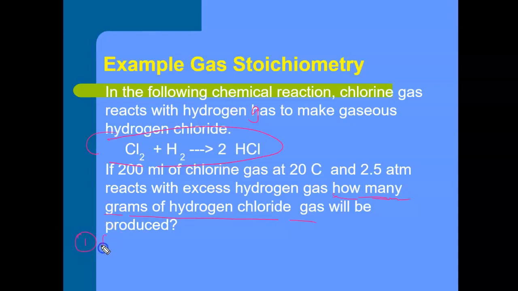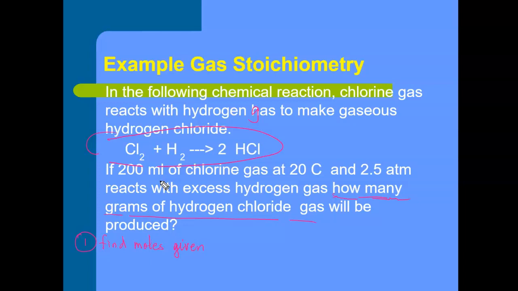Step number 1, find moles of the given. You might be going, oh good, since I was given volume, I can just divide by 22.4, except that I'm not allowed to because this is not at standard conditions.